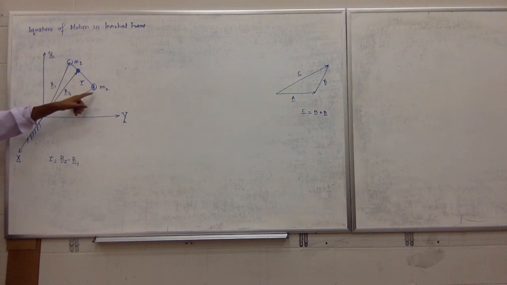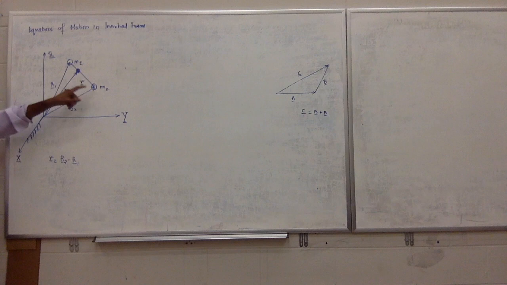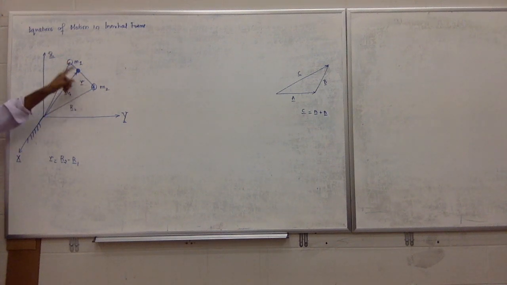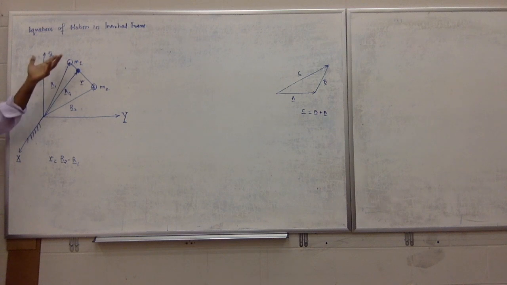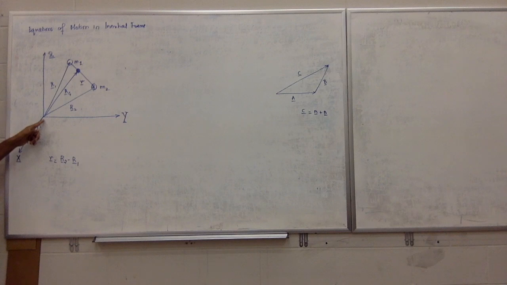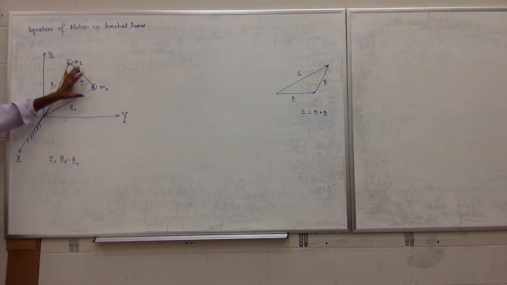This could be moon, earth, satellite, or earth, sun. But we don't know the absolute position of the sun in the universe. Where is that absolute point O? We don't know. So that is the reason we introduced this.